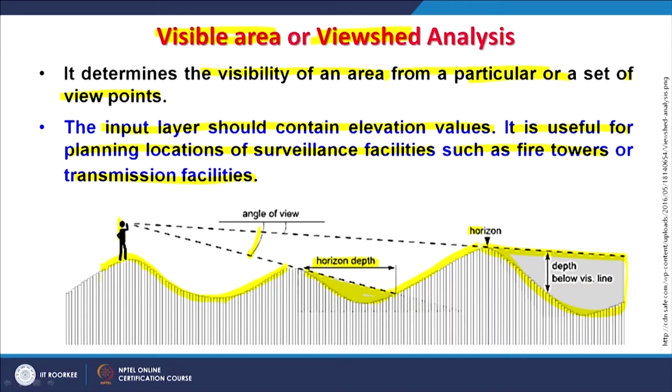I have just discussed this in terms of 2D or a profile section, but the same analysis can also be done in 3D, meaning all around, not only in one direction. Here it is shown only in one direction, but in all directions it can be done.